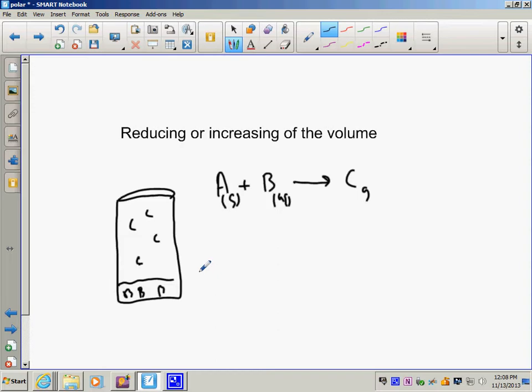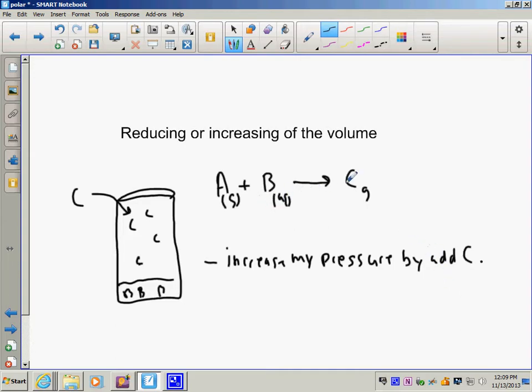Now I could, by chance, add more C into this reaction. The way you would phrase that is, I'm going to increase my pressure by adding C, which is fine.